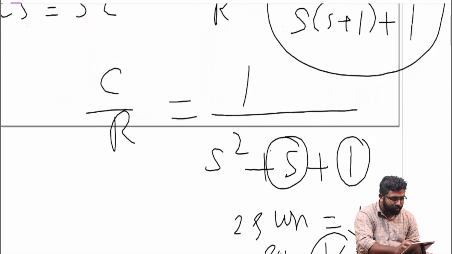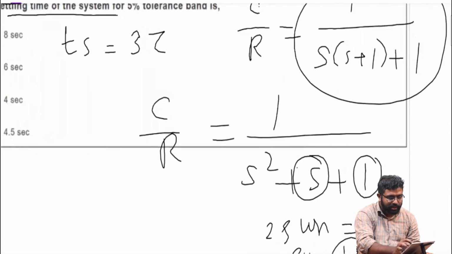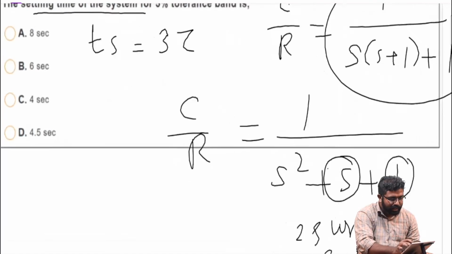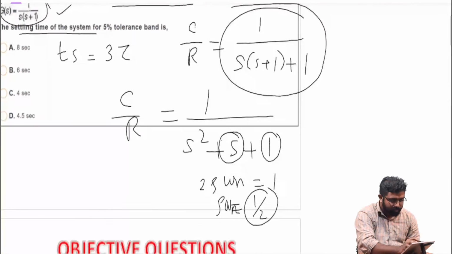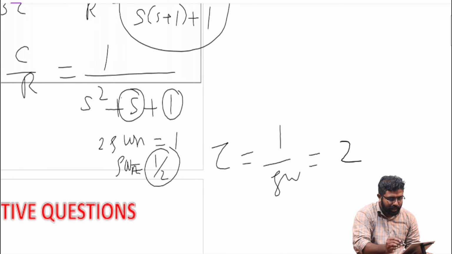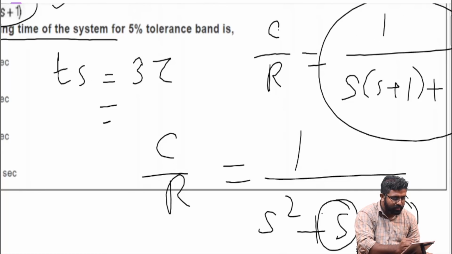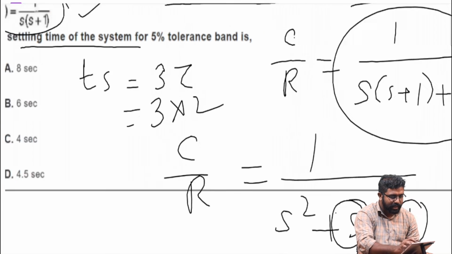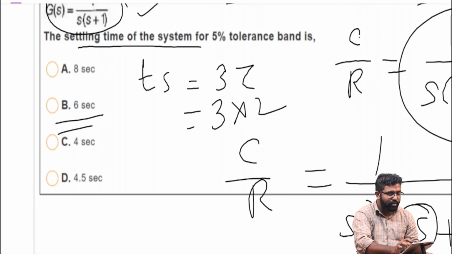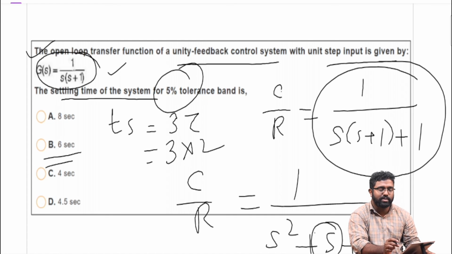Here the time constant is 1 by zeta omega n, so time constant equals 2. So 2 into 3 becomes 6 seconds. So the correct answer for this question is 6 seconds for the 5% tolerance band.